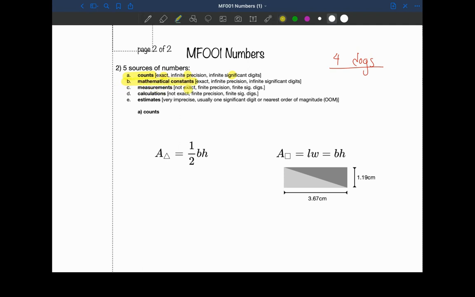Those things are exact. They also have infinite precision and an infinite number of significant digits. So let's take, for example, the formula that we all know and love, the formula for the area of a triangle. There is one number located inside this formula, and it is the number 1/2. And so if I were to ask, how many significant digits are there in that ratio 1/2?